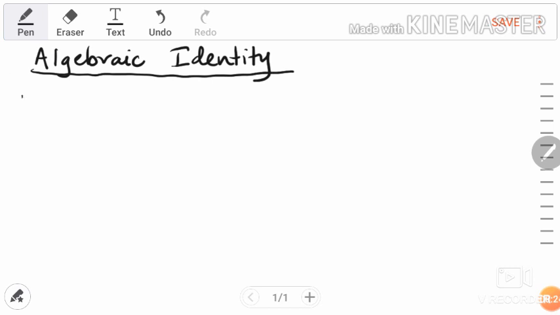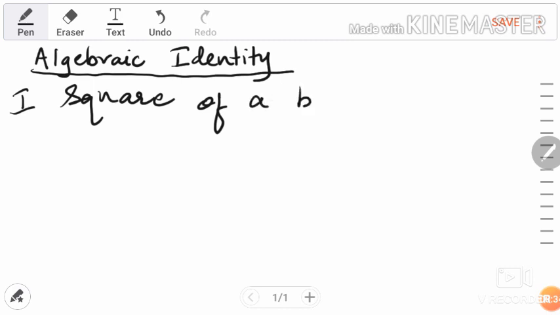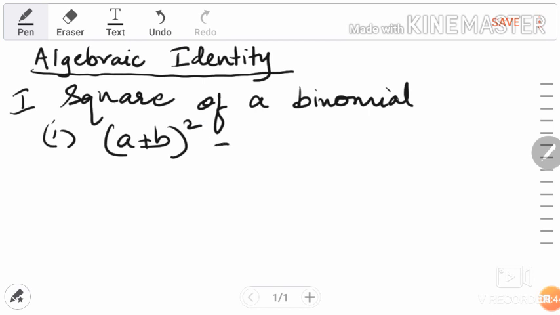Some of the identities that you have studied in your lower class, let us list down these identities. Square of a binomial. You have studied a plus b the whole square is equal to a square plus 2ab plus b square.